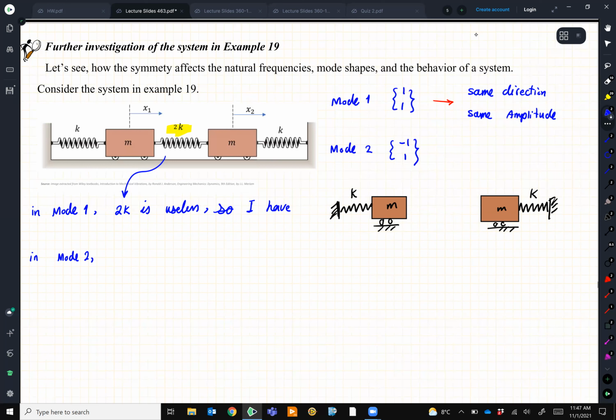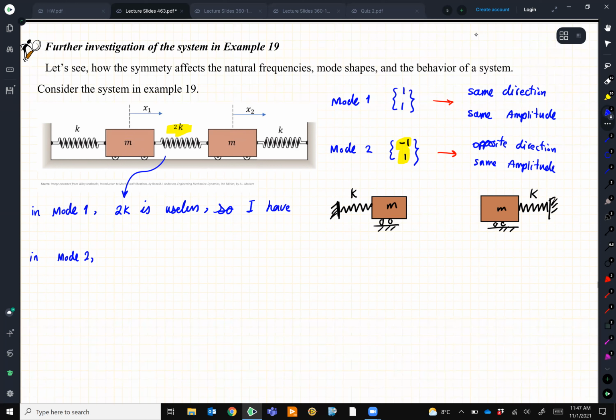Again, in a perfect world, we showed that the ratio is 1, or -1, and they are in opposite direction. So mode 2, opposite direction, same amplitude. Opposite direction, same amplitude.